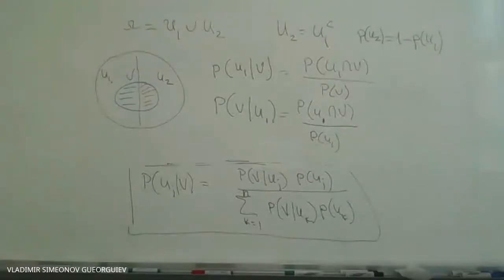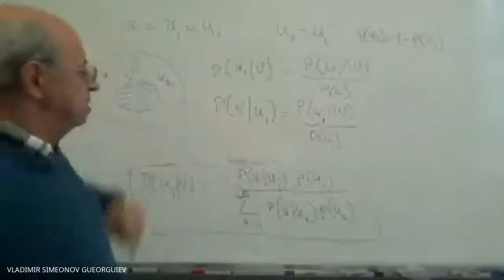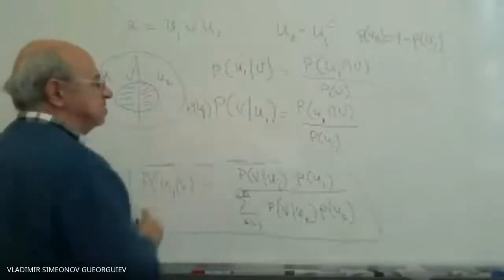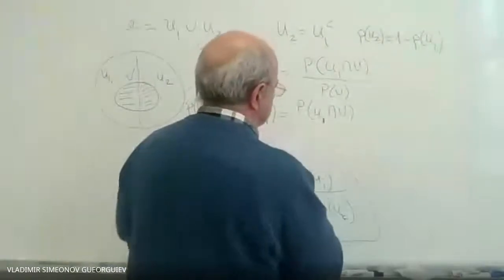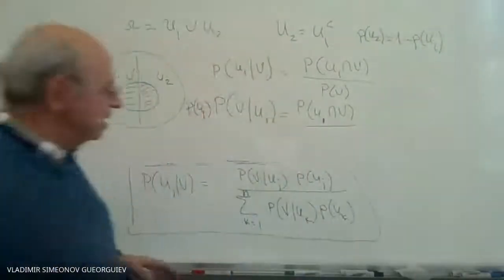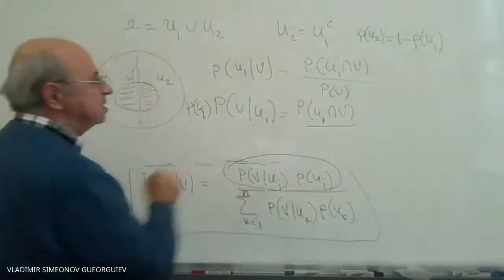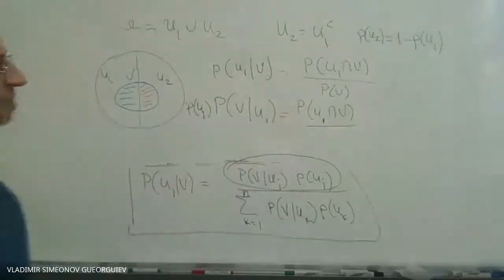So when you take this product, I shall put this guy here, P of U1 times this, the result is simply this guy. Therefore, we can say that the numerator here is exactly equal to the probability of U1 intersected with V.